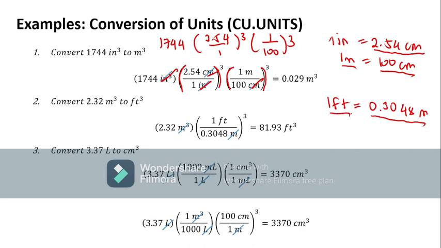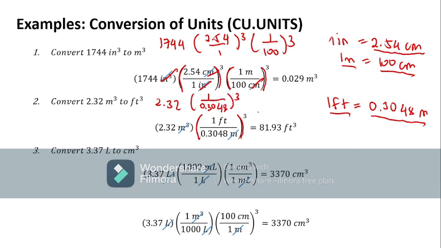Tapos, yung 1 foot dapat nasa numerator. So, since this is raised to 3, wala naman naka-raised to 3 dito, original. So, dapat yung buong conversion factor natin naka-raised to 3 din. Okay? So, simplifying, we will have 81.93 cubic foot. So, parang meron kang 2.32 times 1 over 0.3048 raised to 3. Parang ganyan siya.